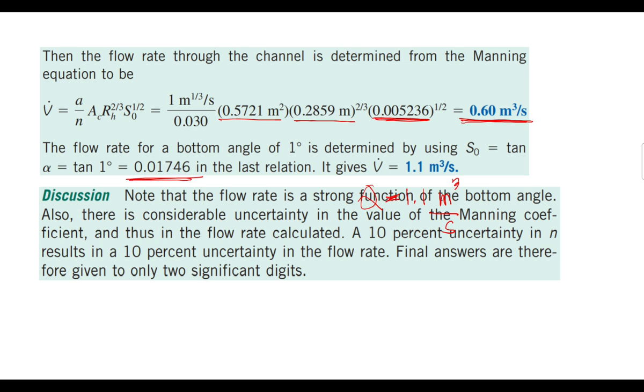Okay, so this is an example of a field of civil engineering that's not an exact science. In fact, almost all fields of civil engineering are not an exact science. So it's just a form of approximation.